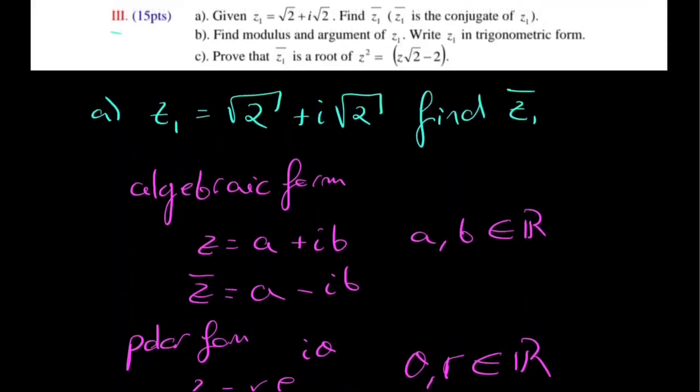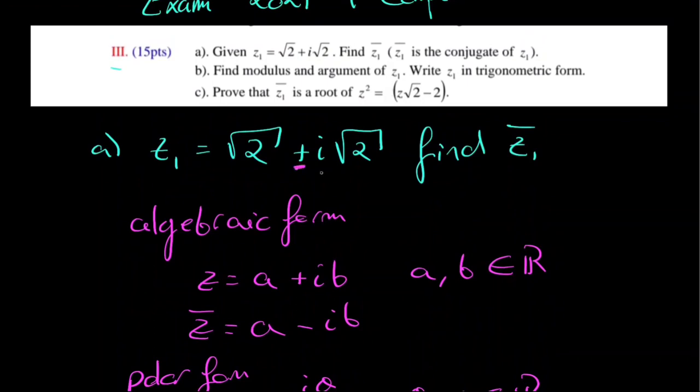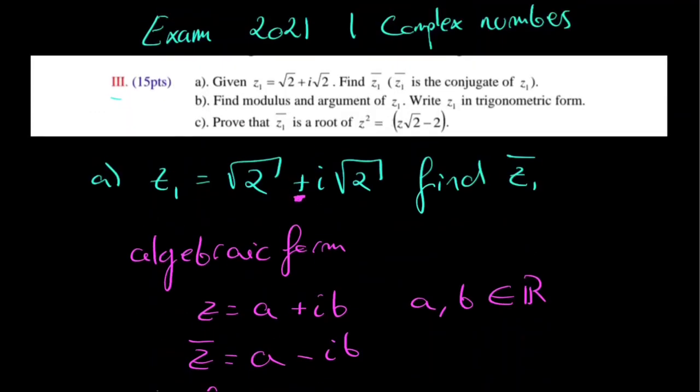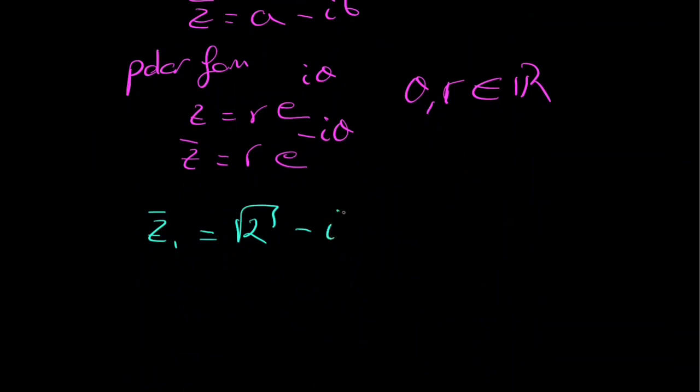So knowing that, we just have to replace this plus by a minus to find our solution. So z1 conjugate is equal to square root of 2 minus i square root of 2.